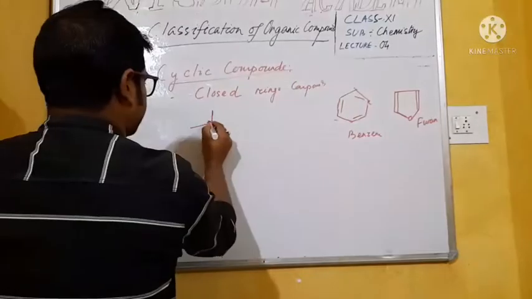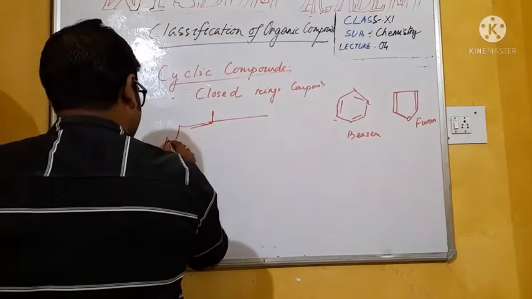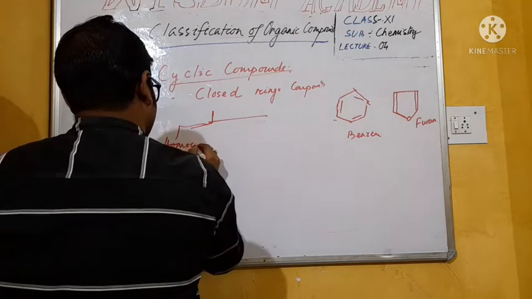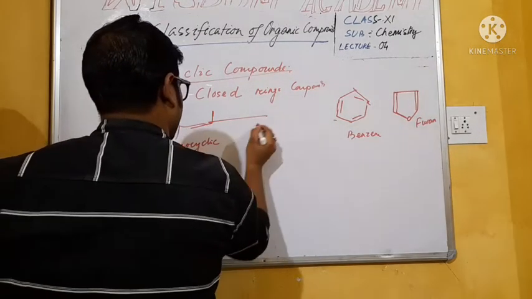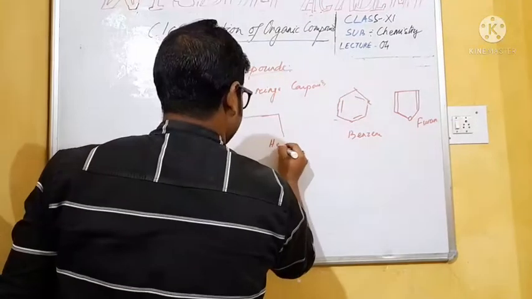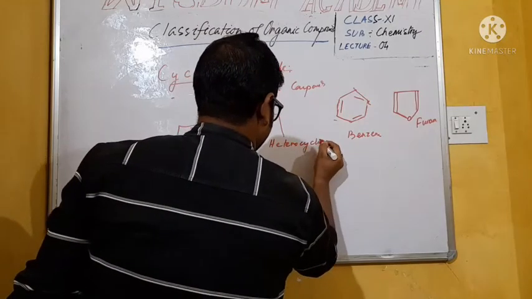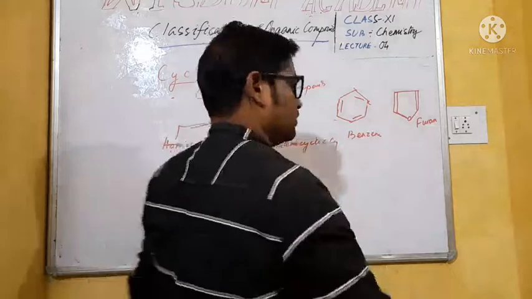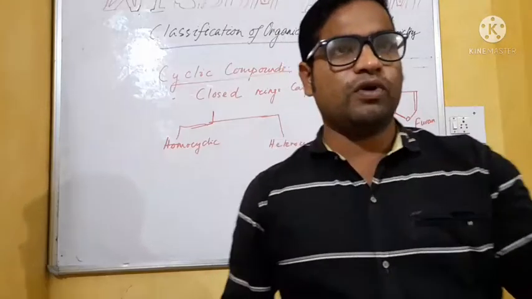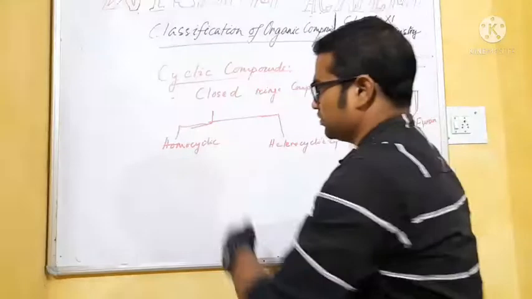The first one is homocyclic compounds, and the second one is heterocyclic compounds. Student, what do you mean by homo? Homo means same.